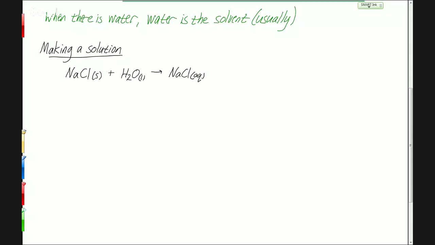So sodium chloride looks like a bunch of spheres packed together, sodium and chloride alternating, something like this.